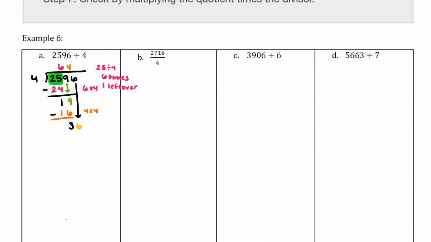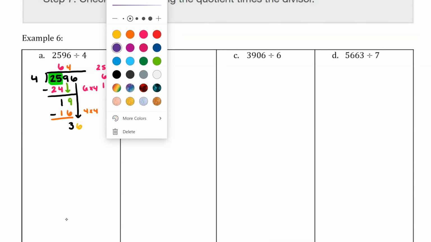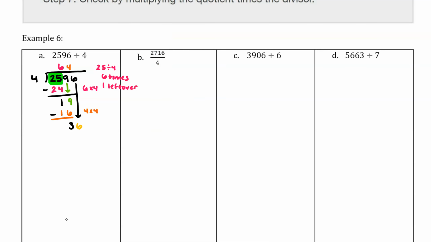So now, what do I times 4 by to get 36, or to get close to 36? So again, you're thinking about that multiplication table, and you're like, hey, what about 4 times 9? That was actually equal to 36. So I'm going to put the 9 up here. I'm going to do 4 times 9, which makes 36. And then I'm going to subtract. And 36 subtract 36 is 0.